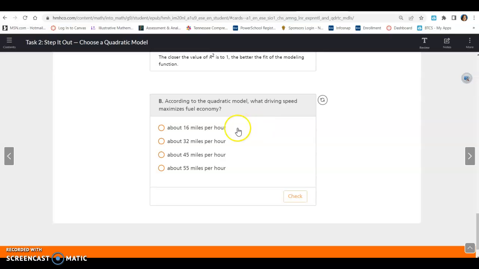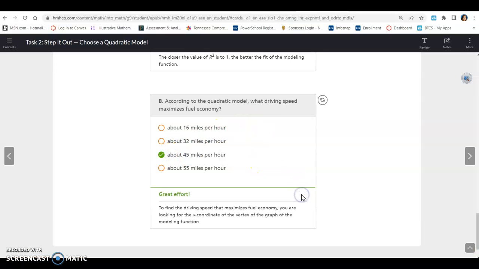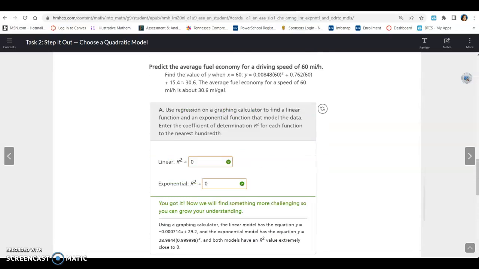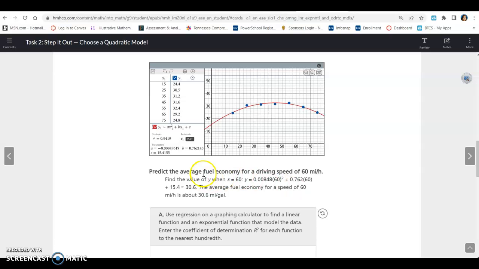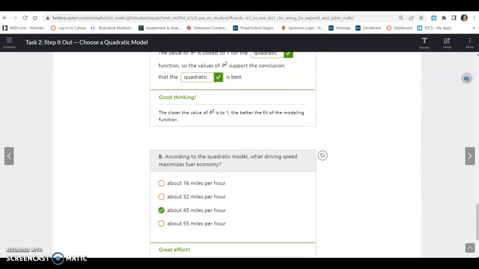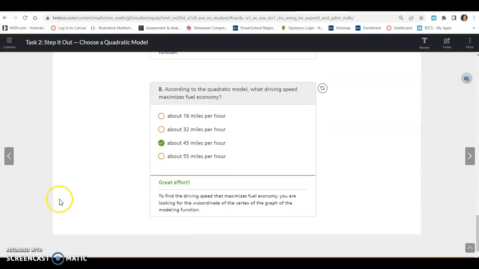So you can say about 45 miles per hour is when you maximize your fuel economy. So anytime you have a quadratic equation, remember your maximum comes from the vertex. So we don't have an exact number here, but you can tell it's somewhere around 45 there to be a good estimate. All right, that is all for task 2.